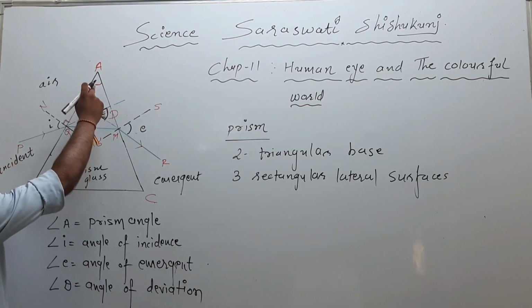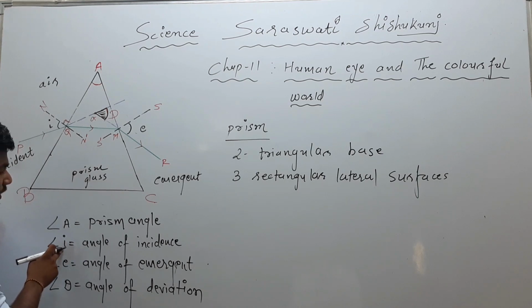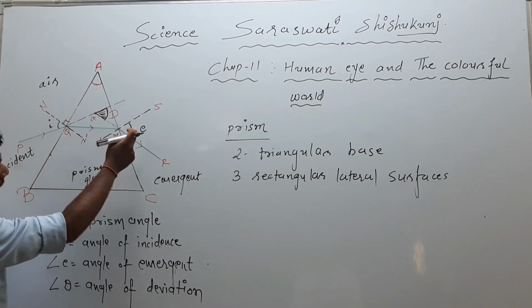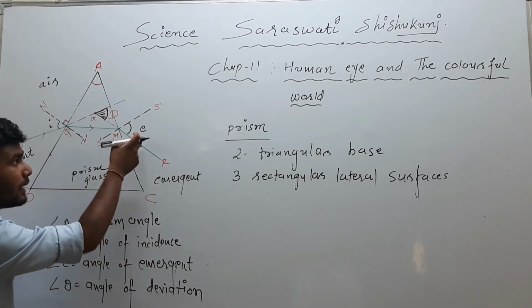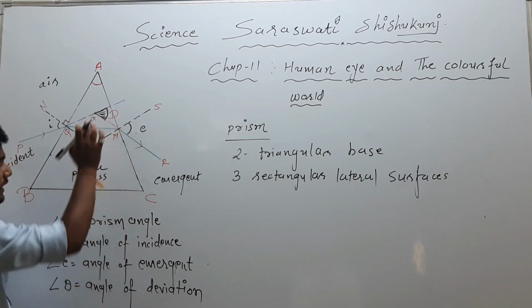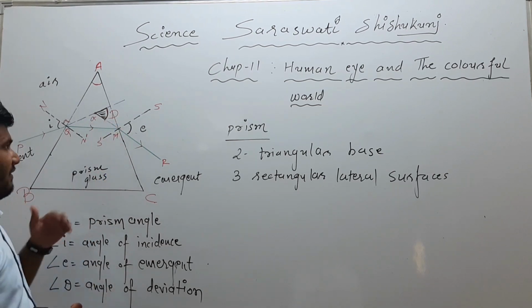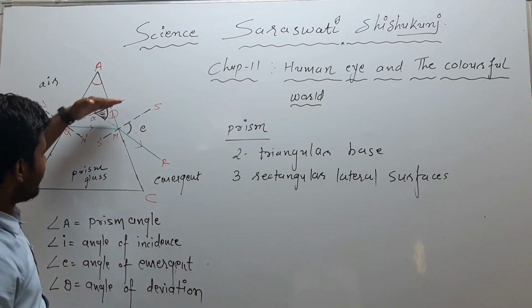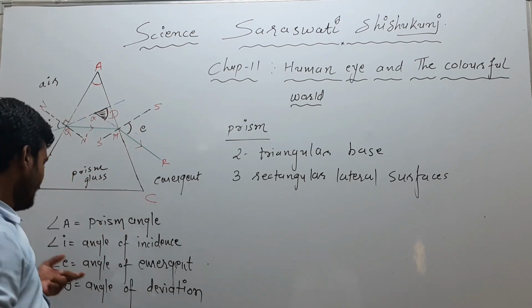So angle A is the prism angle. Angle i is the angle of incidence. Angle e is the angle of emergence. Angle D is our angle of deviation, meaning how much the ray is deviated from its own path.